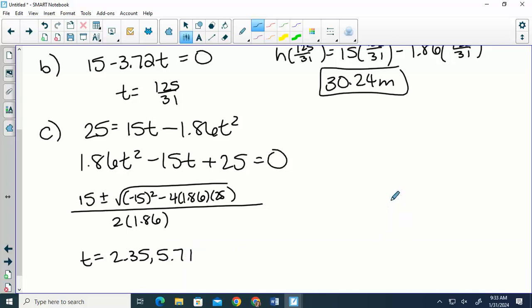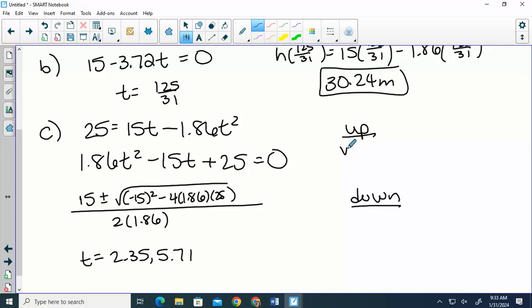So I wanted the velocity going up and down. We have found the times. Which one of those is going to be going up? Right, because we started on the ground, we threw it up, and then it came back down.